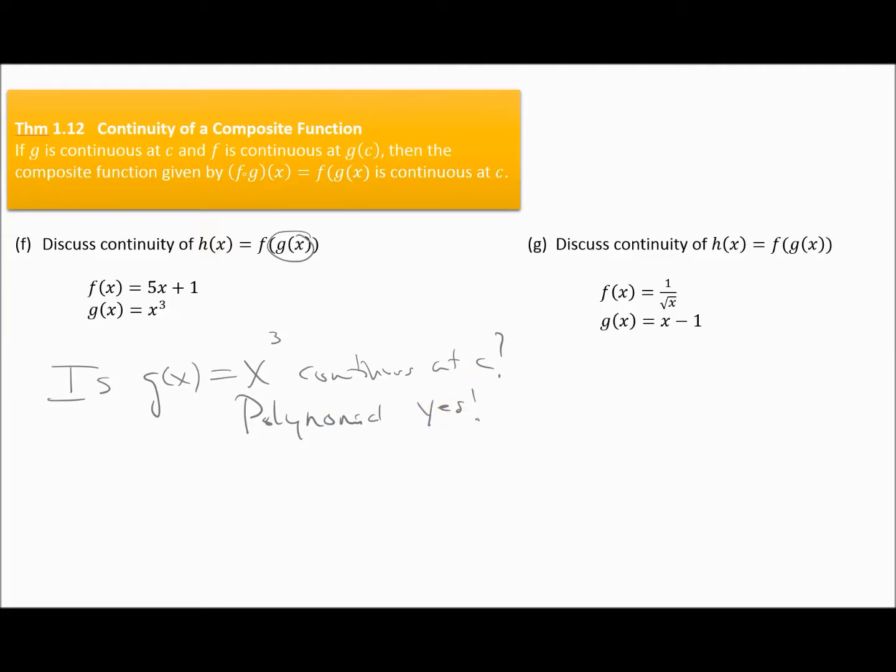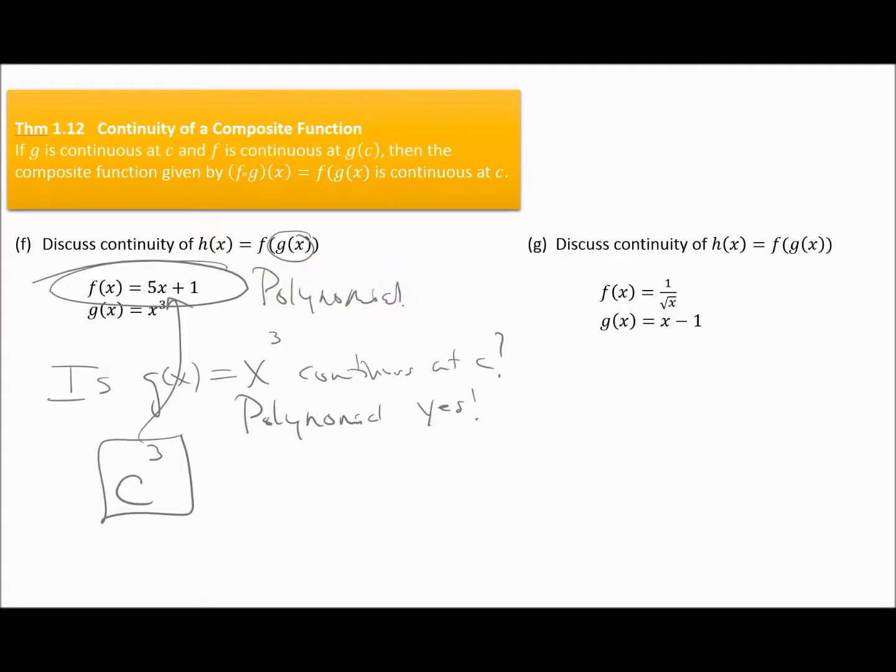Now here's the next thing. So if g is continuous at c and f is continuous at g of c, okay? Now, I don't have a c value, but g of c is c to the third. If I take c to the third and plug it in to that function, do I get a continuous function? Well, this is continuous also. 5x plus 1 is another polynomial.